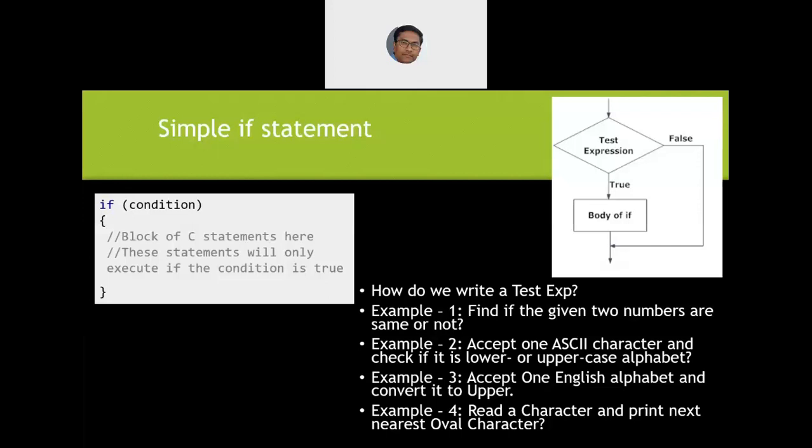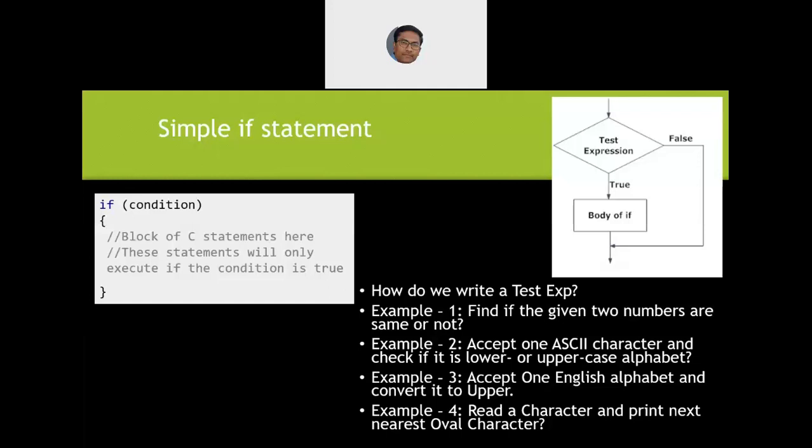E. How do I get that? Is it possible? Yes, sir. How? The character's ASCII value should be in between two vowels. So how many conditions do you have to write? There are 5 lowercase vowels and 5 uppercase vowels, so a total of 10 conditions.